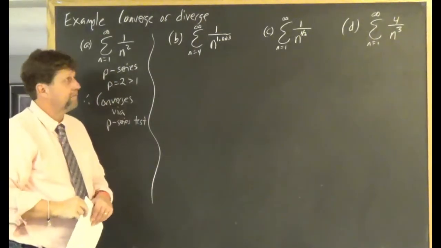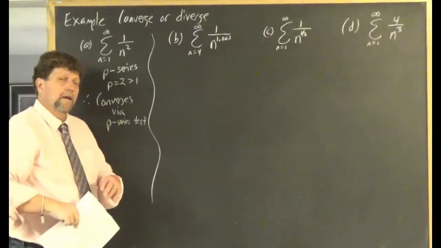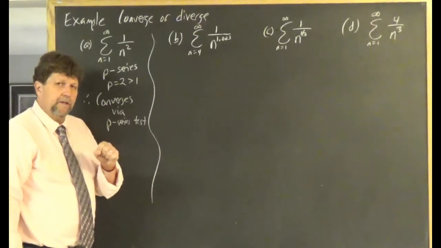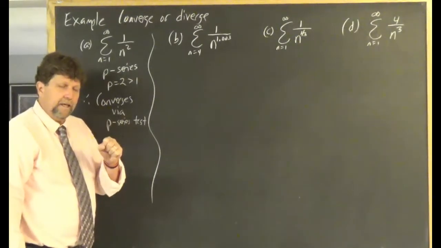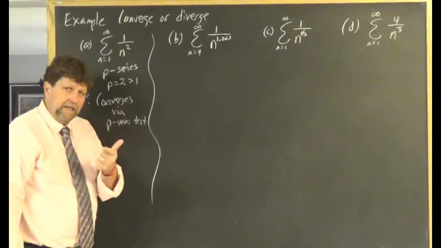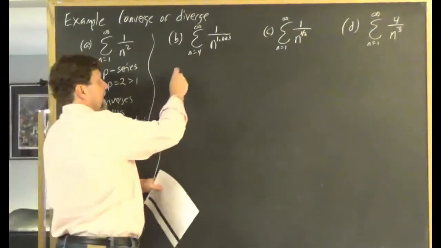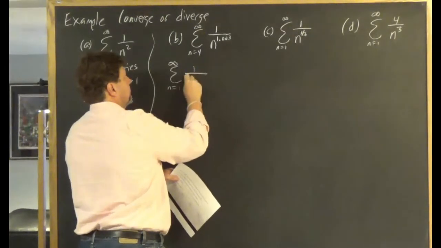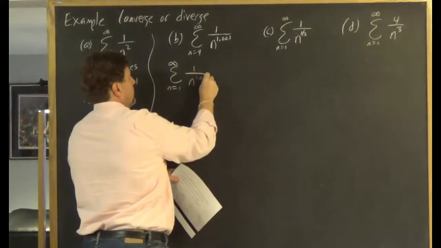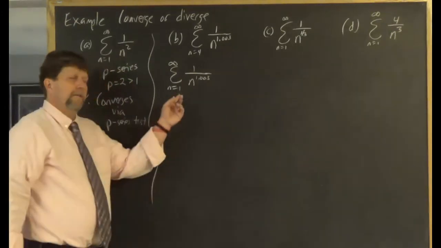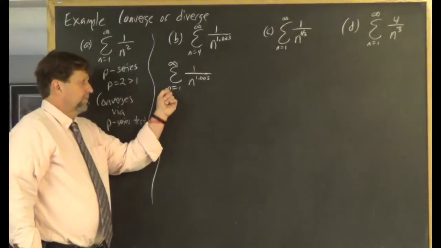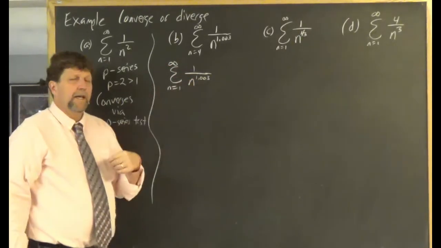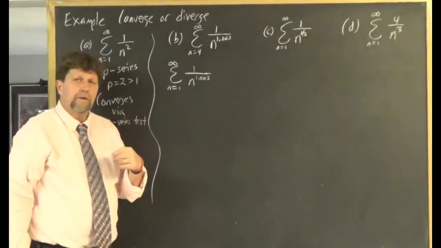Very friendly. Now B. I'm going to do a lot of babbling here about B, but it's something really important to get under control. Technically speaking, our p-series test tells us what's happening for the series from n equals 1 to infinity, 1 over n to the 1.003.